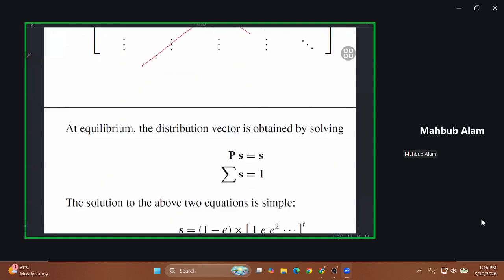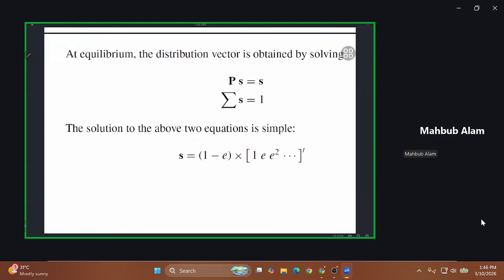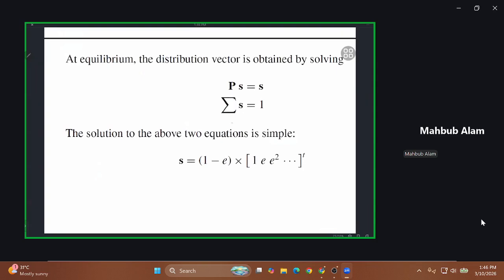Now, the long-term probability in a state, pi, which the book represents by S, as we already know. Then S has a value, this one. You can solve it very easily to check whether the solution is there or not.